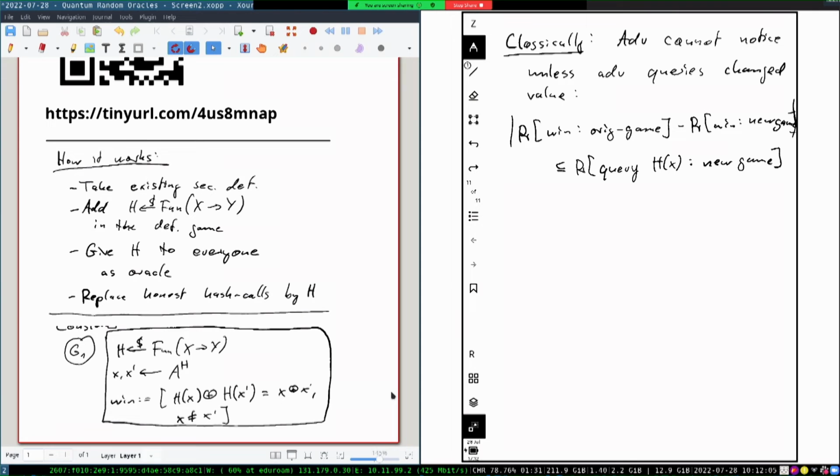So it's somehow used one-wayly in the game. The one-way to hiding is often used to deduce a hiding-like thing from a one-way-like other property.